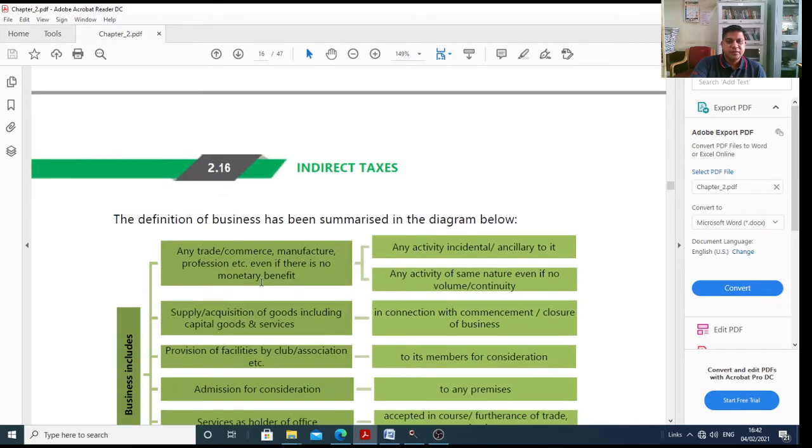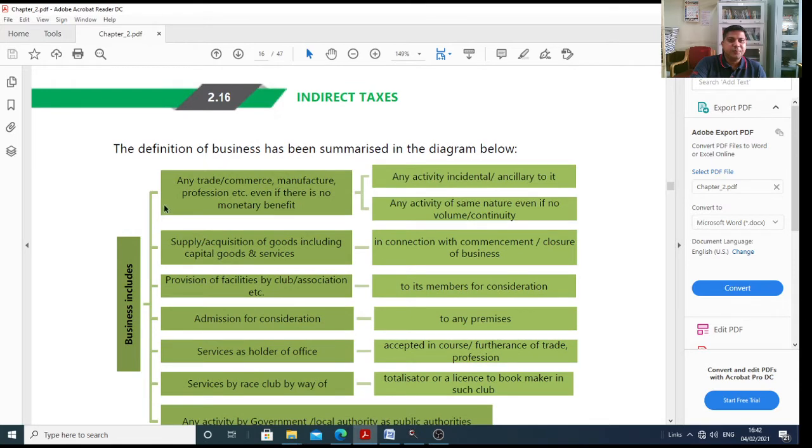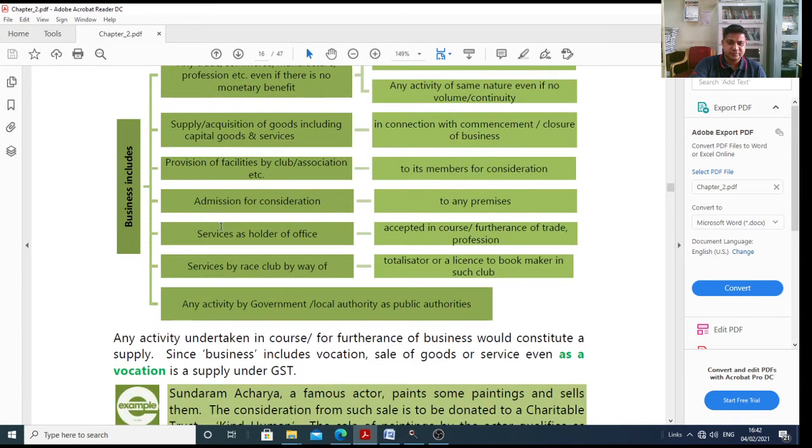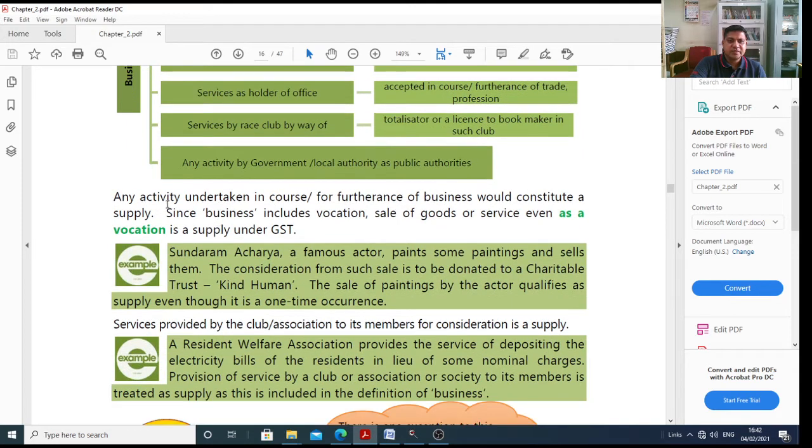Then after that, if you see the business definition that we have studied, now we will consider it as an act. Business includes the occasional sale of goods and services. Now Sundaram Acharya, a famous actor, paints some paintings and sells them.